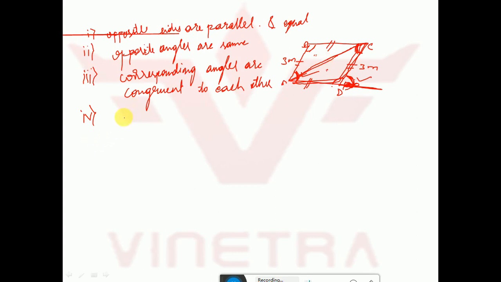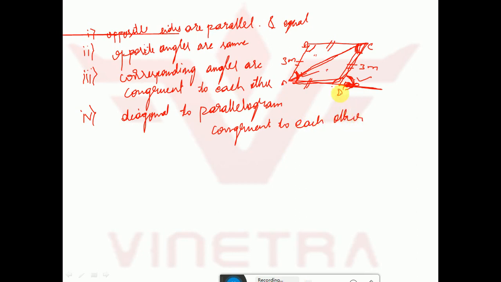So if I draw a diagonal to a parallelogram, it forms two triangles which are congruent to each other, as I am showing here.